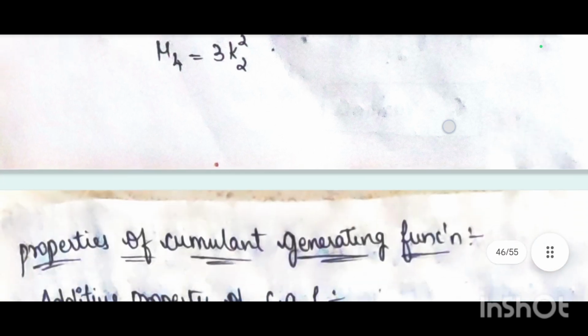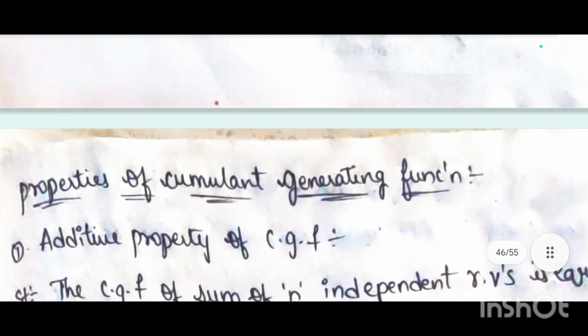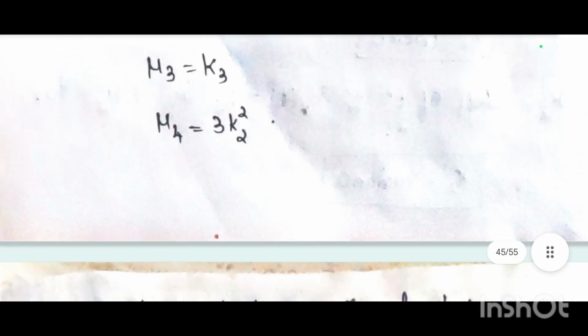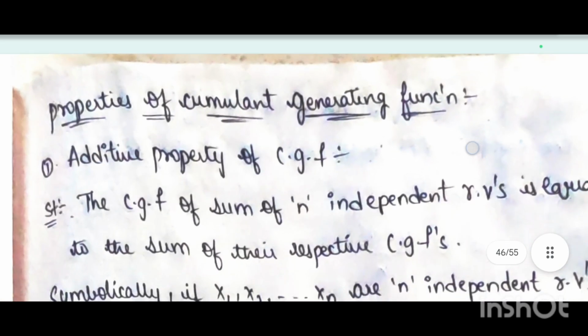Okay, so that is very important. Mu4 is equal to K4 plus 3 into K2 square.